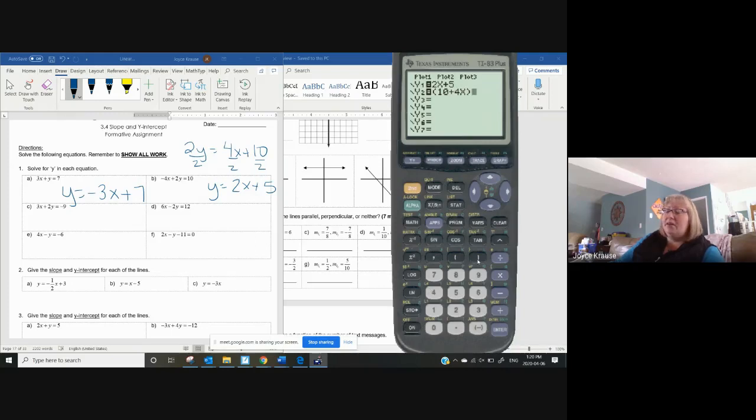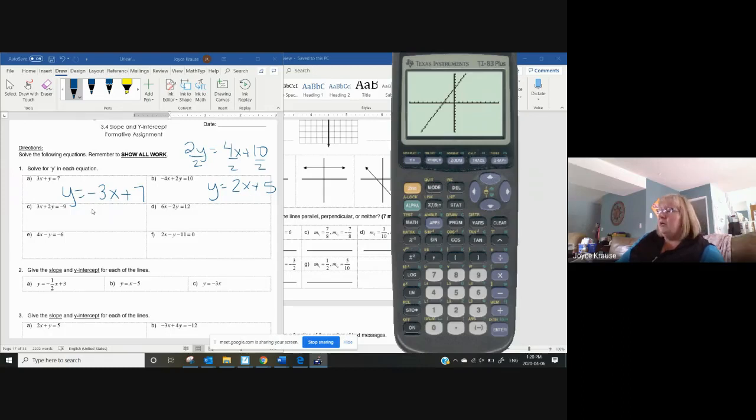I'm just telling the calculator what to do. 10 plus 4x, divided by 2. And if I hit graph, I should get the same. Here, guys, there we go. I should get the same graph on both spots, and I do.